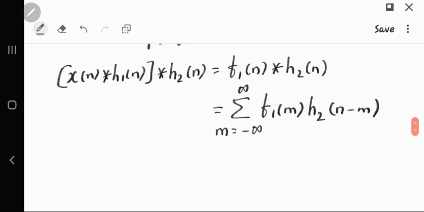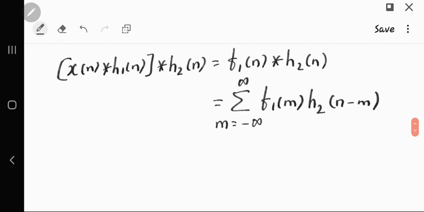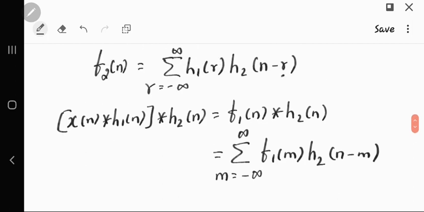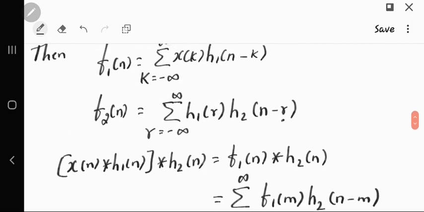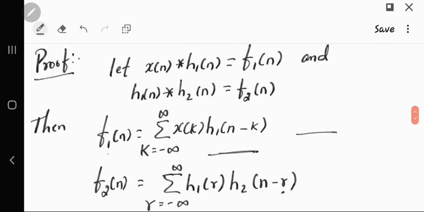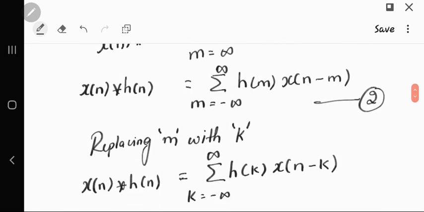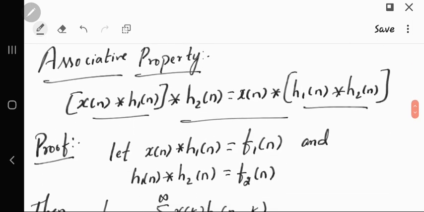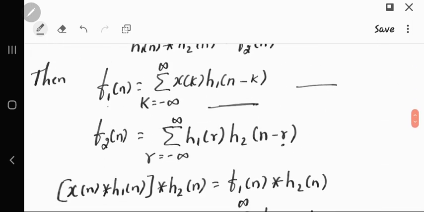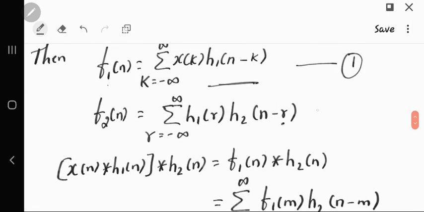I have just changed the alphabets to make a difference between them. Okay. So now you can see we have defined f1 of n here. I can give a name for that as well. We have not given any equation numbers, so just give it equation 1 here, and for this one equation number 2.